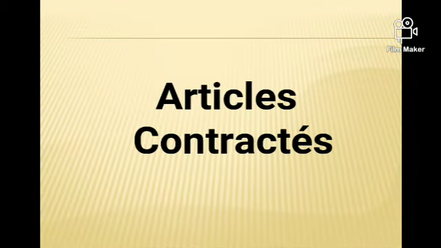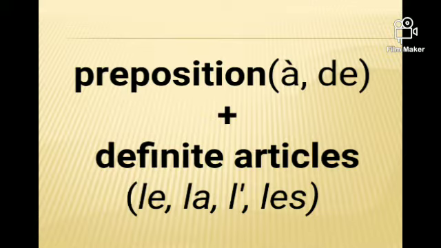Now we will see articles contractés. Articles contractés in English are contracted articles. First, let's see what articles contractés are. They are formed by combining the preposition à or de and the definite article.